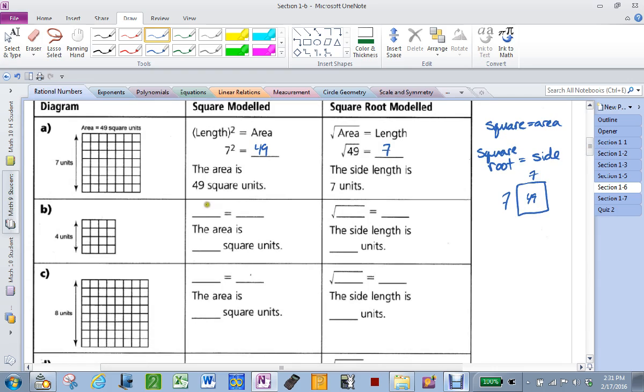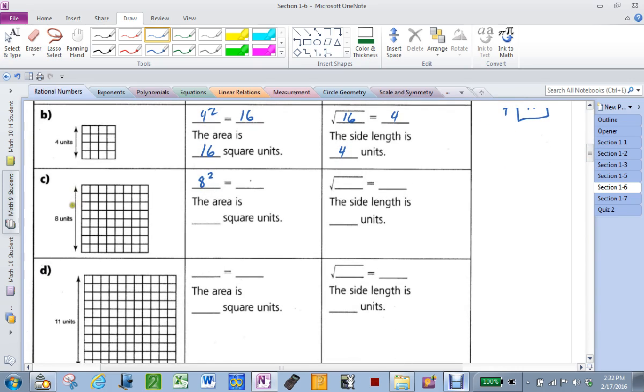And then we'll go through a bunch here. 4 squared is 16, so the area is 16. 4 is the root, so the square root of 16 is 4, so the side is 4. 16 is the square, 4 is the root.